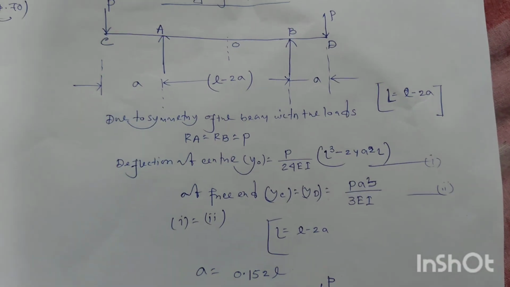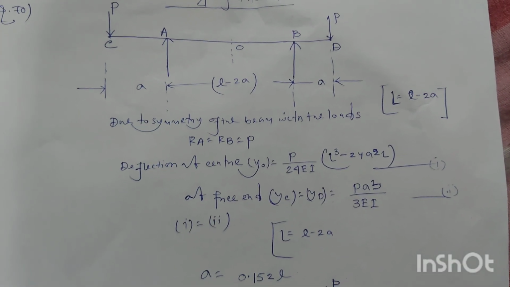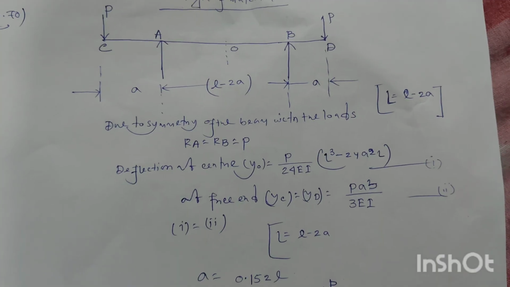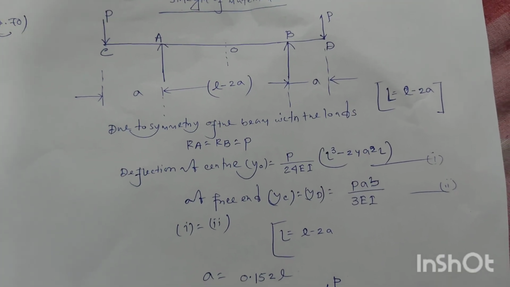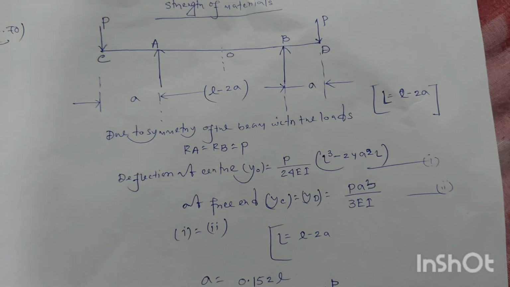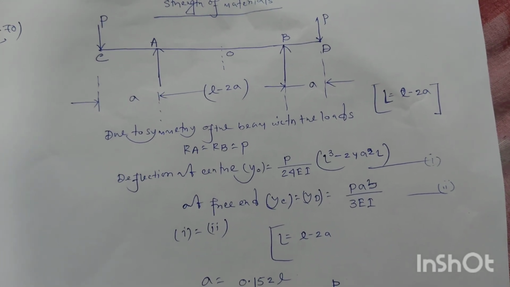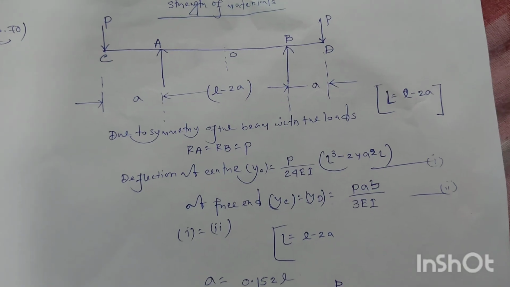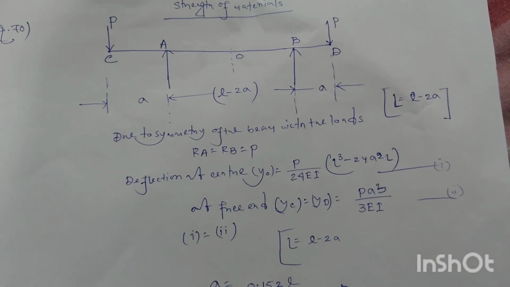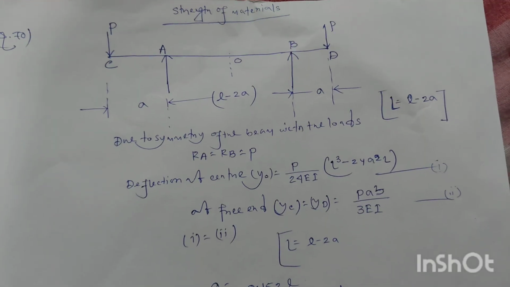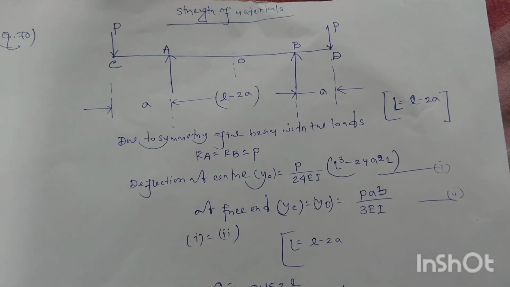So this is a simply supported beam AB with two overhangs CA and BD of the same length small a, and the total length of the beam is small l. So the portion AB will be equal to l minus 2a. Let's say capital L is equal to l minus 2a. Due to symmetry of the beam and loads, reaction RA will be equal to reaction RB, which will be equal to 2P by 2, equal to P.